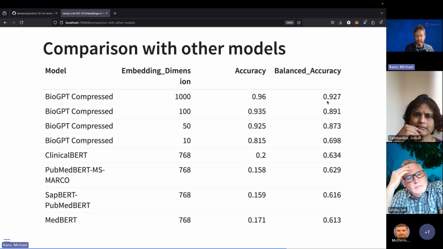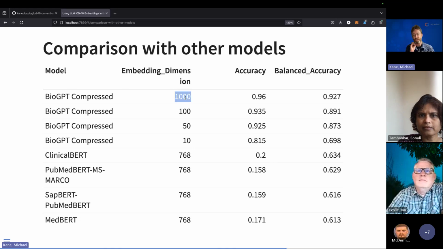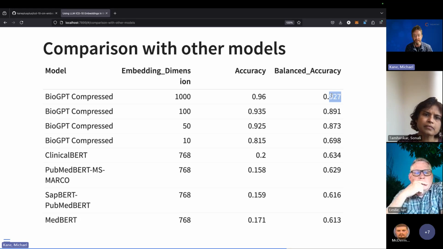And what we're seeing is that the embedding dimension for these was a little bit higher than our average. So there, it's using a little more data. The accuracy isn't nearly as good though. So for balanced accuracy, if you don't mind going to 1,000 dimensions, and you want to estimate the category, we're at almost 93%.